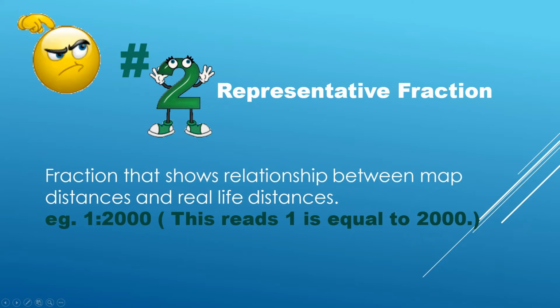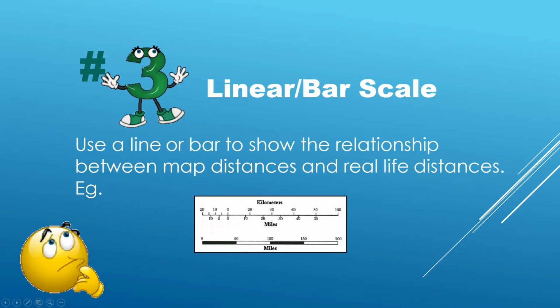These are fractions that show the relationship between map distances and real-life distances. Number 3, linear or bar scale. These may use a line or bar to show the relationship between map distances and real-life distances, as shown in the example.